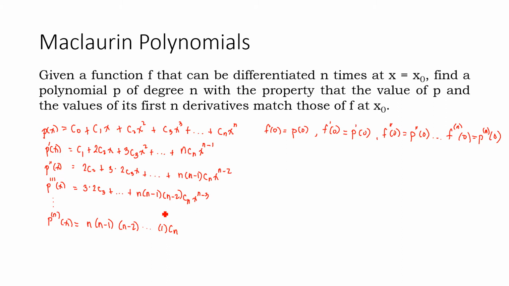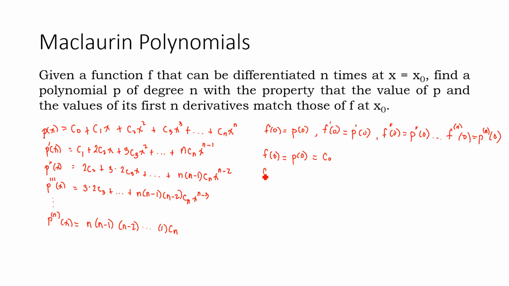So to satisfy, we could have our f of 0 is equal to our p of 0, which is our c sub 0, or the constant.